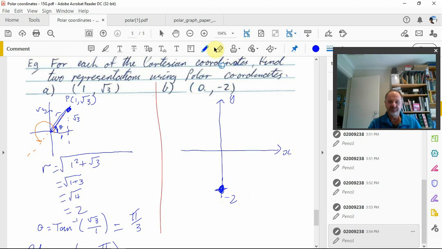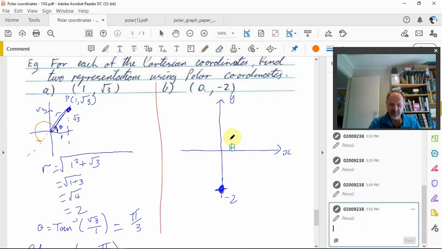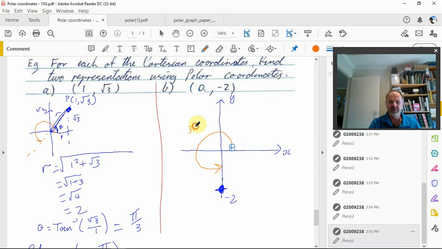One of those representations, I'll do it in orange, is if we go from here all the way around to there. That angle is 3 pi on 2. And for the radius, we don't need to worry about the negative because the radius is just the distance from the pole, and that distance from the pole is 2. So for that point, we could say that it is (2, 3 pi on 2).